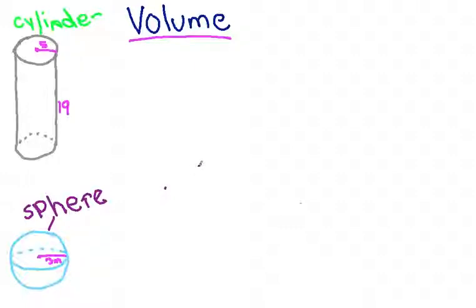It's a globe or a ball. It's called a sphere. And you find the volume of a sphere by doing 4/3 times pi times radius cubed.